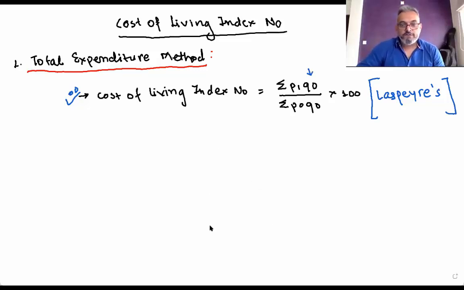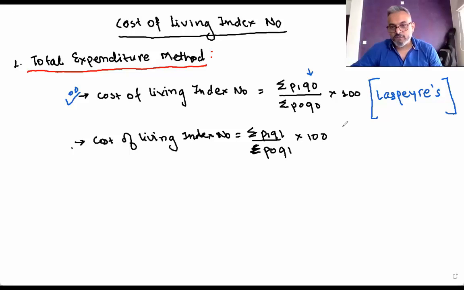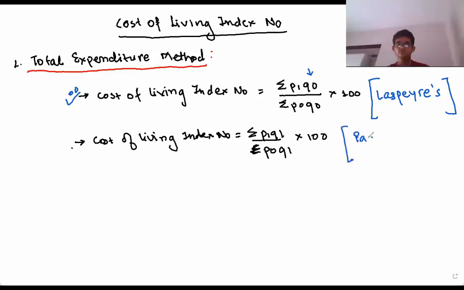So if information for Q1 is given, then we use the second formula, cost of living index number is equal to sigma P1Q1 upon sigma P0Q1 into 100. Now, can you tell me which statistician gave this formula? Paasche.